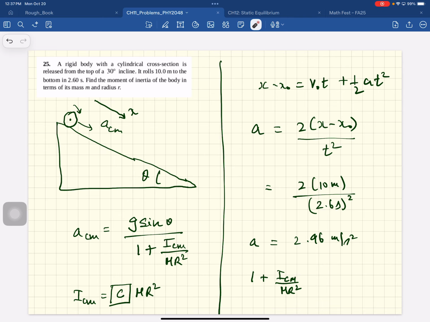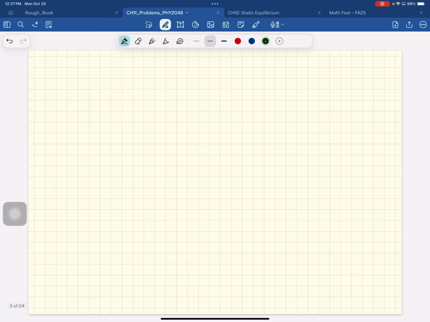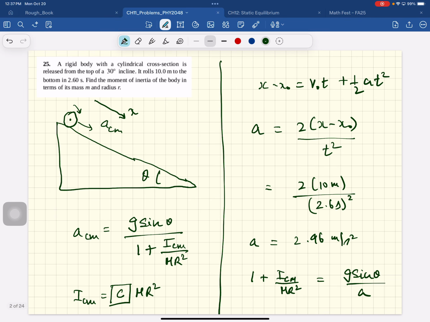So that is equal to g sine theta divided by a, minus 1. Okay, so we brought the 1 over there. That's the constant that we're looking for.